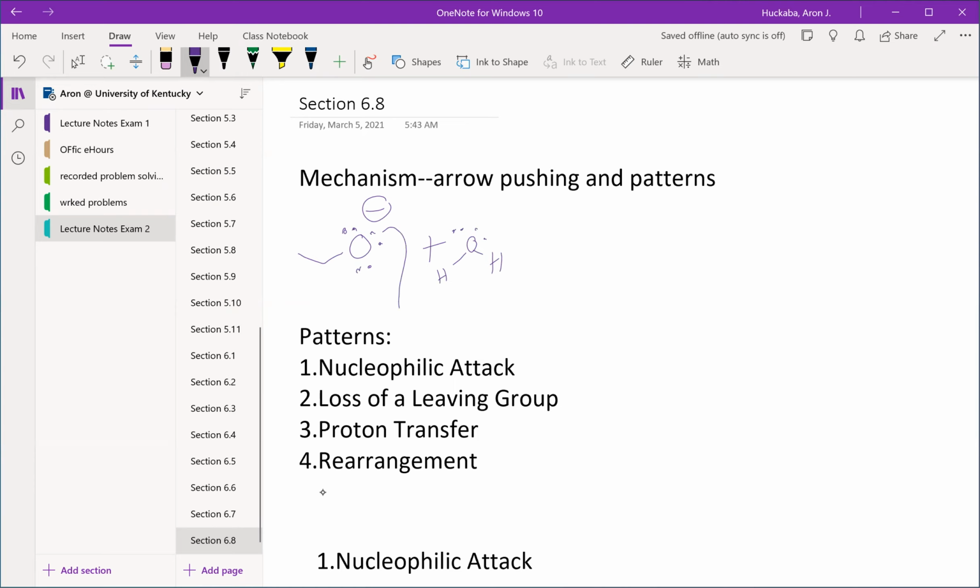Where a lone pair on an acid, or on the base, takes a proton from the acid. And that was in some kind of equilibrium. To give us these molecules.